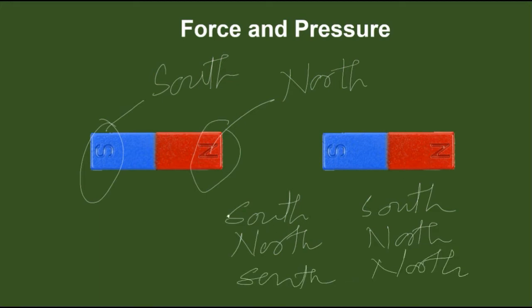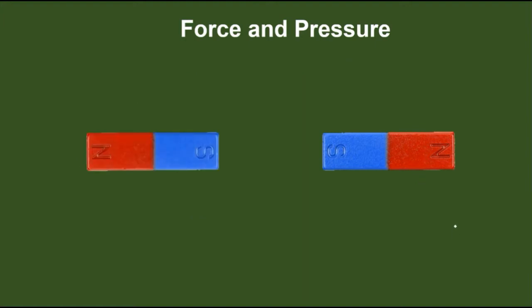When you bring south and south facing each other, or north and north facing each other, they are like poles, and here, unlike poles. And remember, when like poles are brought near, they repel.